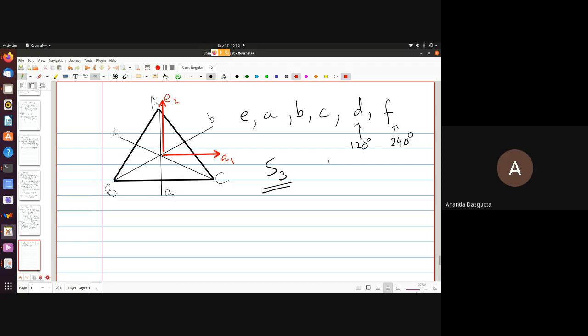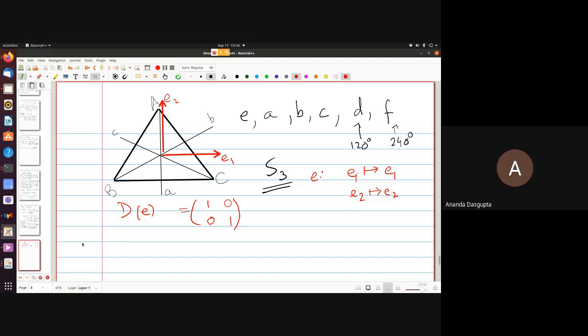So what does E do to E1? Of course, it leaves E1 the same. What does it do to E2? It leaves E2 the same. Of course, this is trivial. I don't really need to write anything down here. The matrix representation for identity always is just 1, 0, 0, 1.